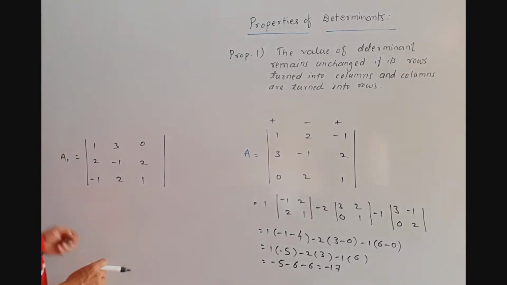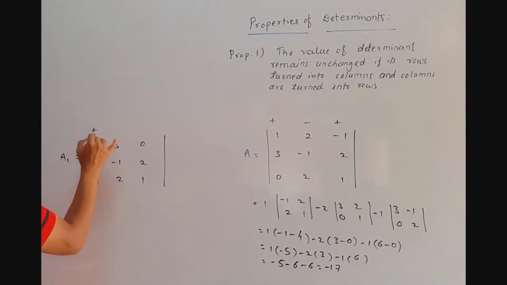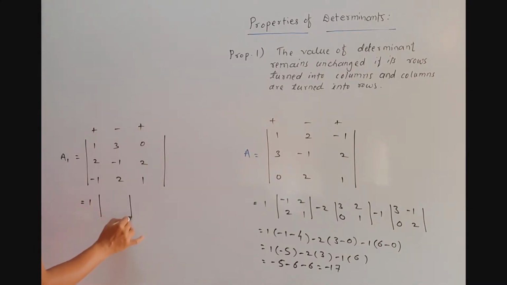So after interchanging the row with column, we get here determinant A1. We have to verify A equals A1 or not. So for that we calculate this determinant A1. So write plus minus plus here. We write 1 in a determinant.